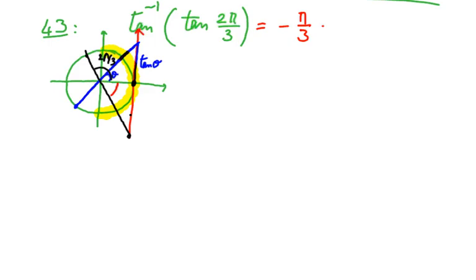Why is it any different from sine? Like the answer to that same problem involving sine was pi third? Yeah, because in that case, you needed to make sure your answer is a positive quantity. Over there, we had to make the sine of this equal to the sine of that one.